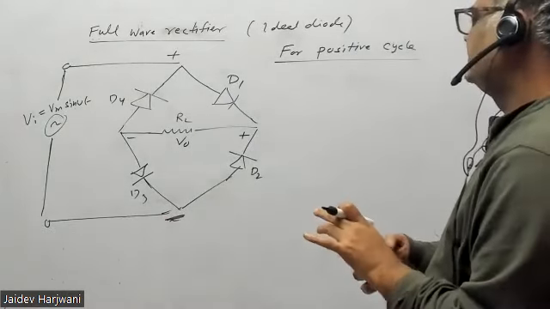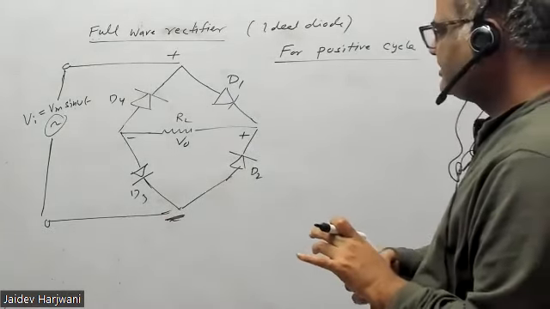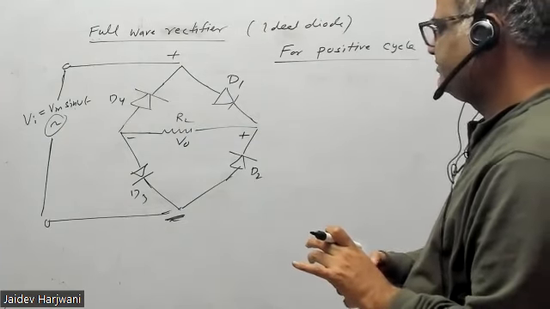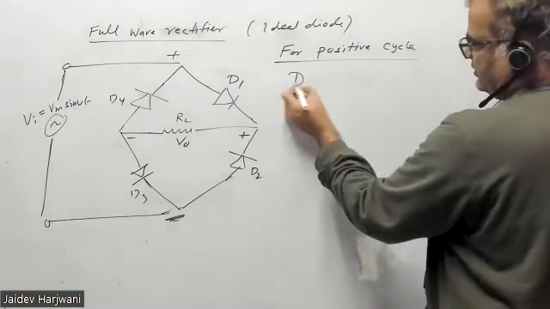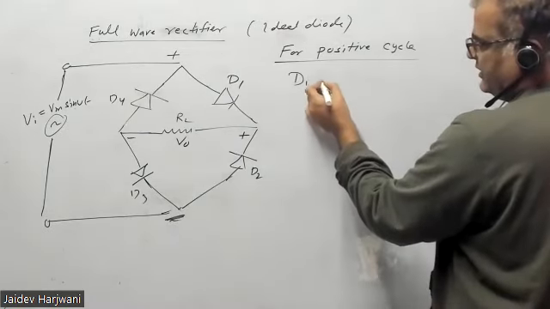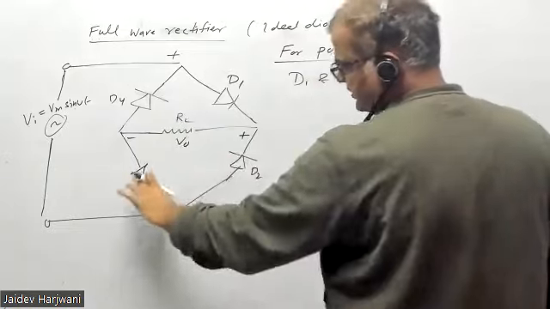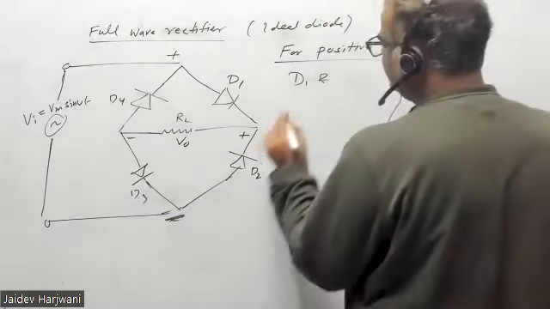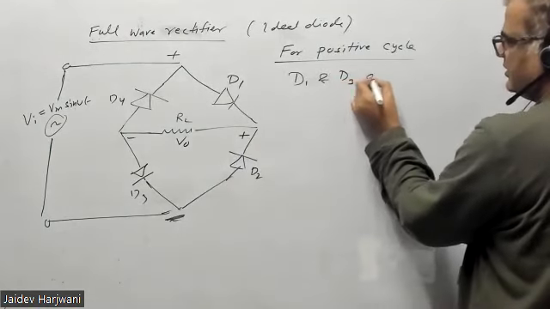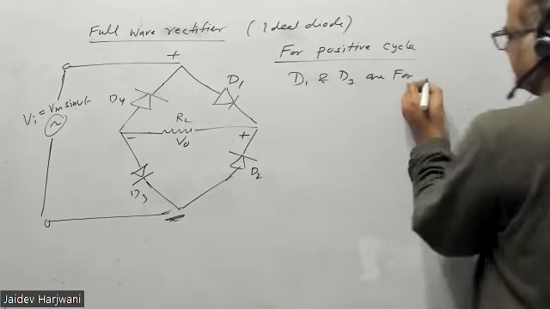Okay. So tell me which diode is forward bias, which is reverse bias. Okay. D1 is forward biased. D3 is forward biased. So D1 and D3 are forward bias.